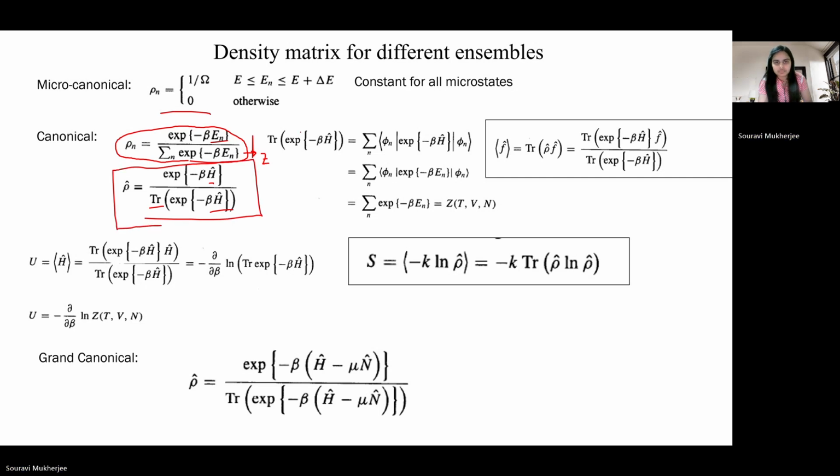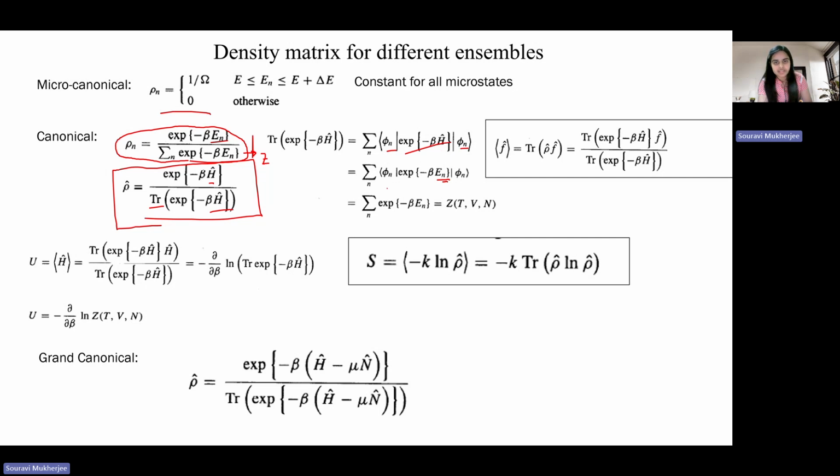Okay. So explicitly, this is how you get it. The trace is nothing but the summation over n. You have chosen some set of basis vectors phi n, and you are trying to find this inner product. Now, e to the power minus beta H operating on phi n will give you e to the power minus beta En, because En is your energy eigenvalue, these are the eigenvalues of the Hamiltonian.